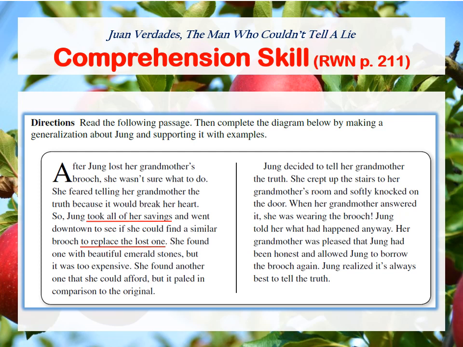And when she wasn't able to find one, she decided to tell her grandmother the truth. With all of these actions, with all of these examples, what is the generalization that you can make about June?